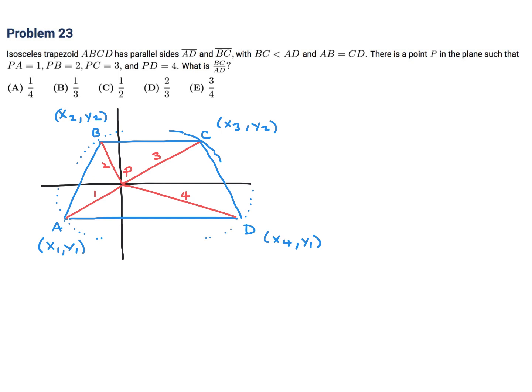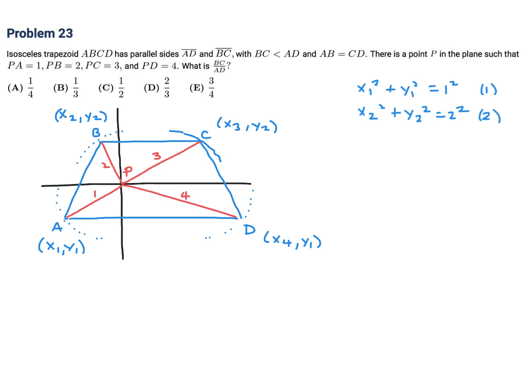Okay, so let's write the equations now. For the circle with radius 1, it would be x1 squared plus y1 squared is equal to 1 squared. And that's equation 1. For the circle with radius 2, very similarly, it would be x2 squared plus y2 squared is equal to 2 squared.